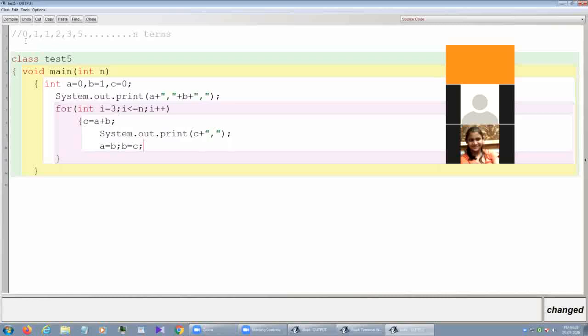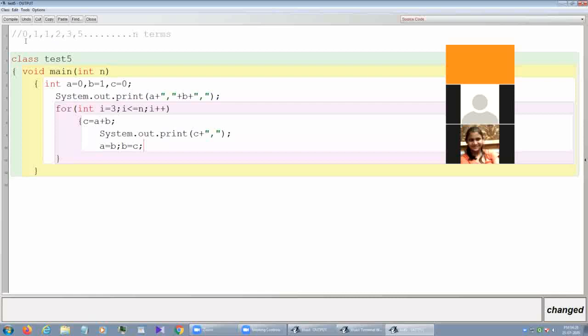Prashangsha, can you? So you can't count 5 terms. 0 is one term, yes or no? Yes, sir. Then in number 2 term, what do we have? 1.